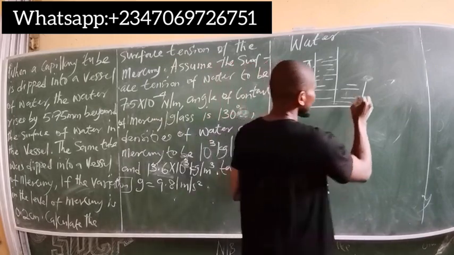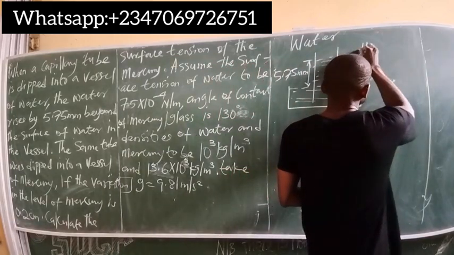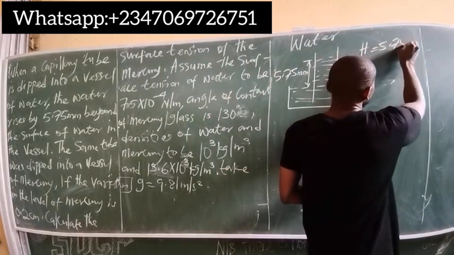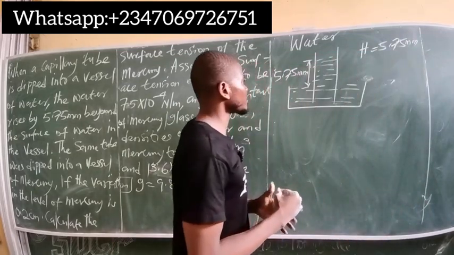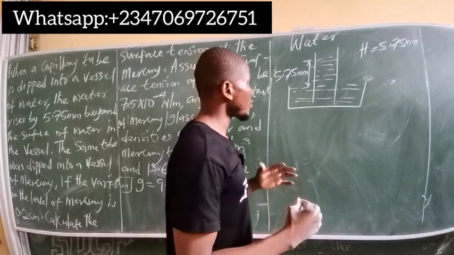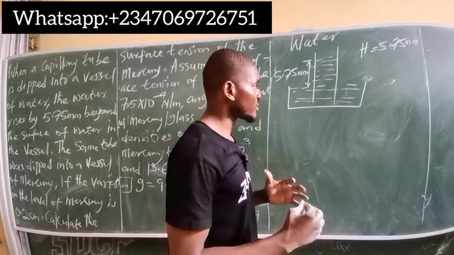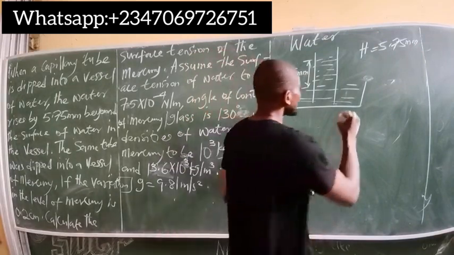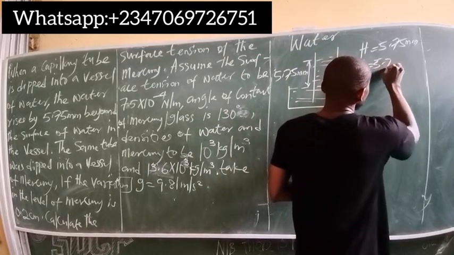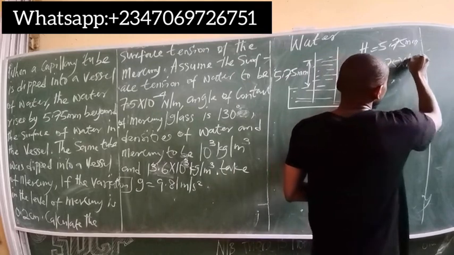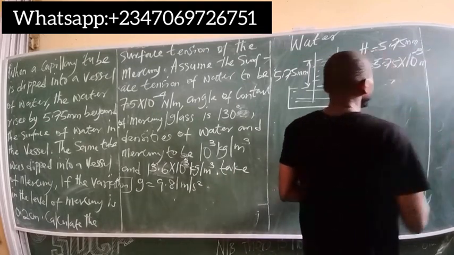Height of water H equals 5.75 millimeter. To convert this to meter, you either divide by 1000 or multiply by 10 to the power of minus 3. It gives the same value. So the height of water is 5.75 by 10 to the power of minus 3 meters.